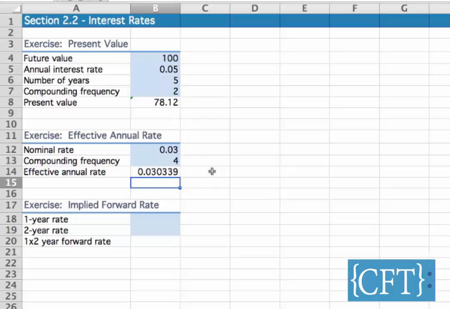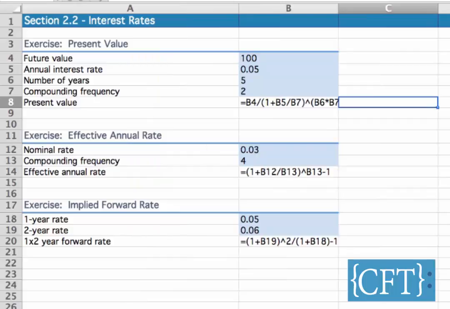That gives us an effective annual rate of about 3.03% per year. And once again, if you get confused, you can look at the Solutions tab to see how to find the right answer.